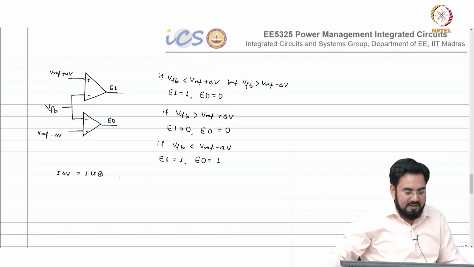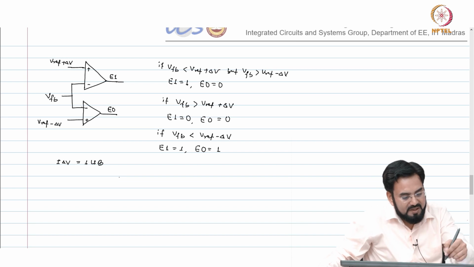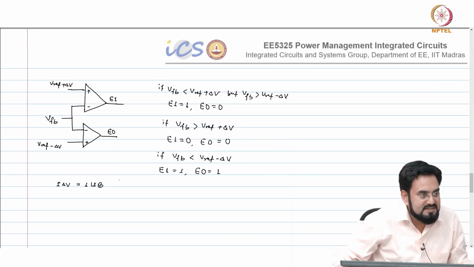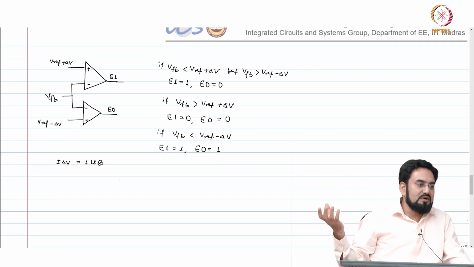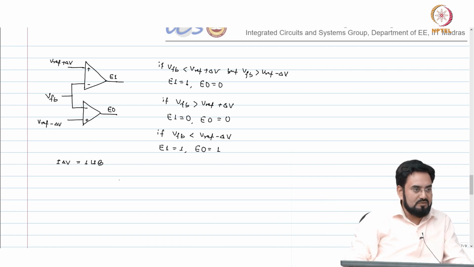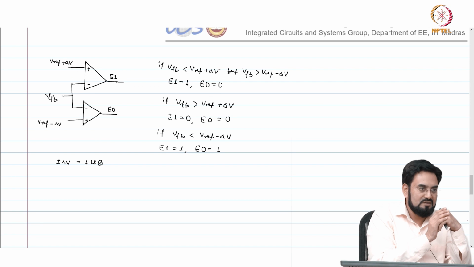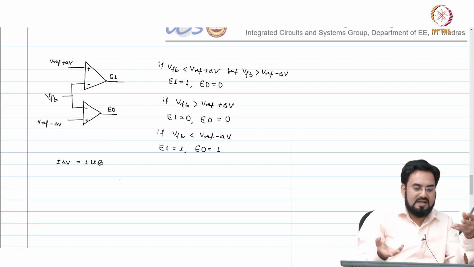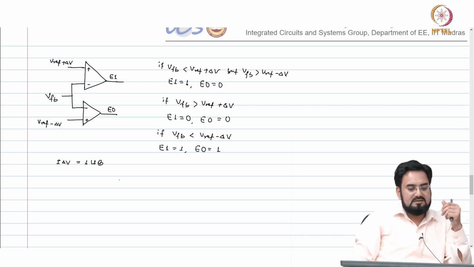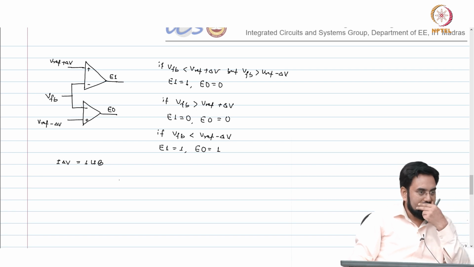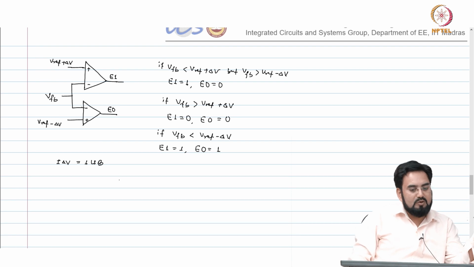So, now what would happen? We know my comparator output will only change, or my equalizer I want to change only when it crosses that window. When my VFB remains within this window, what I will get is 1 0. So, I make sure my accumulator code only changes when I get both 0 or both 1.